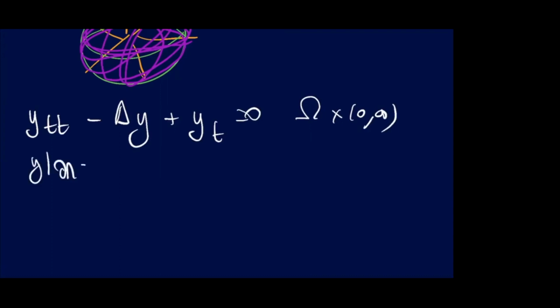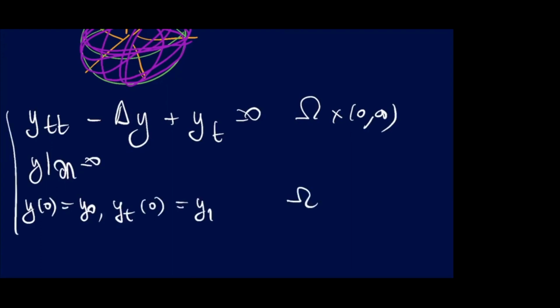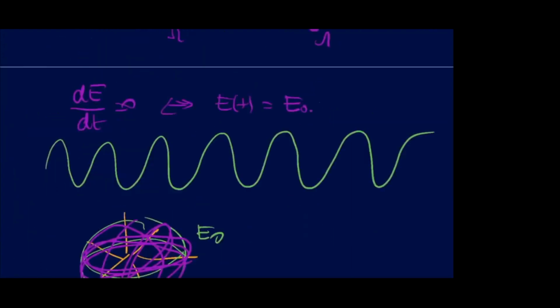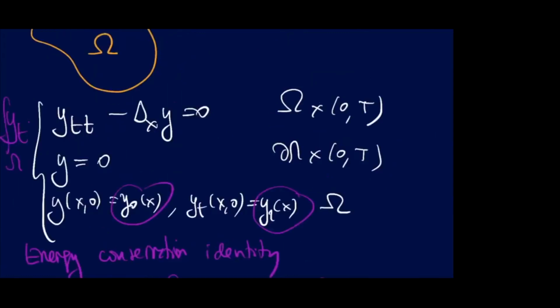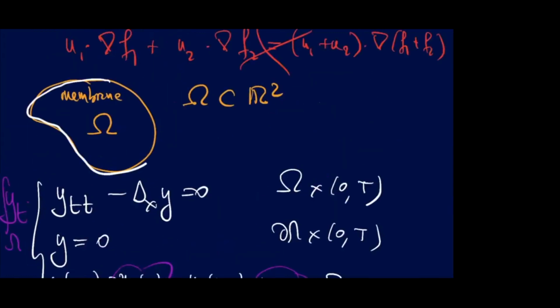I keep the zero boundary conditions just to fix ideas, right? I could consider other boundary conditions. The fixed boundary conditions correspond to the case of a drum, which is fixed on the boundary, and the vibration is ongoing inside, or the chord of the guitar that is fixed on the boundary and then is vibrating in the interior, right?